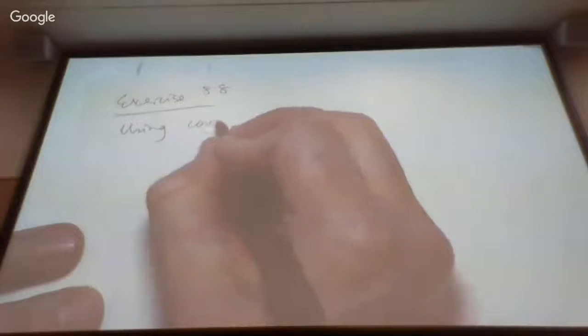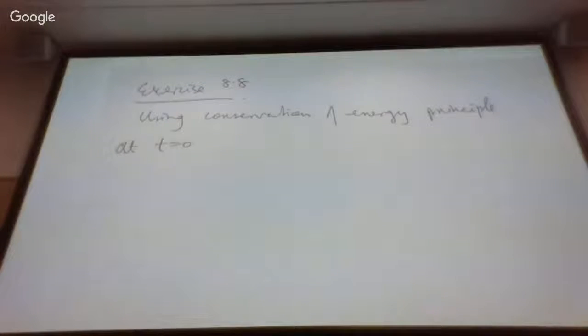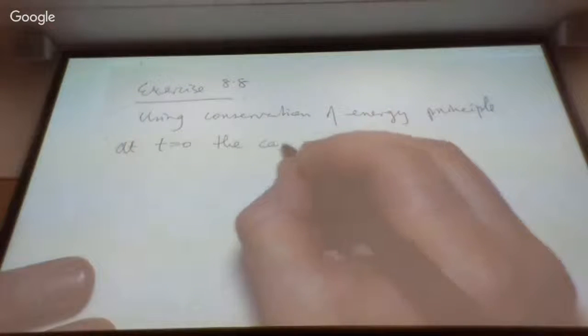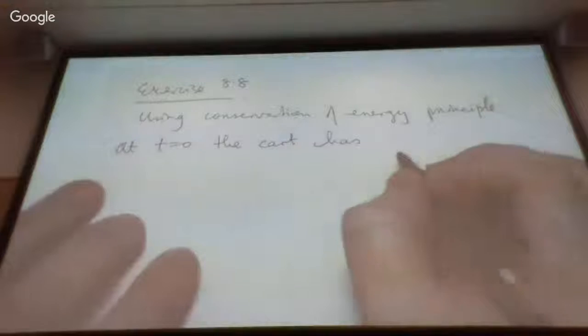Okay, so we'll solve this using the conservation of energy. So at time 0, the cart has potential energy because it's at a certain height. We'll assume it's at rest, so it has no kinetic energy, it's not moving. So the only energy the cart has is due to the fact that it's high up in the gravity field.